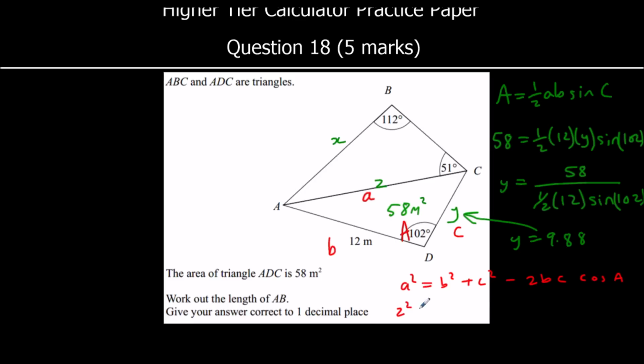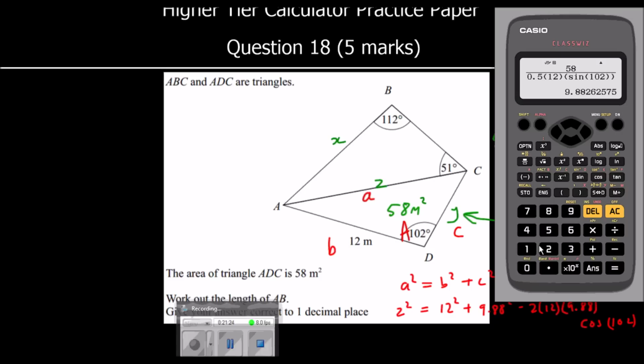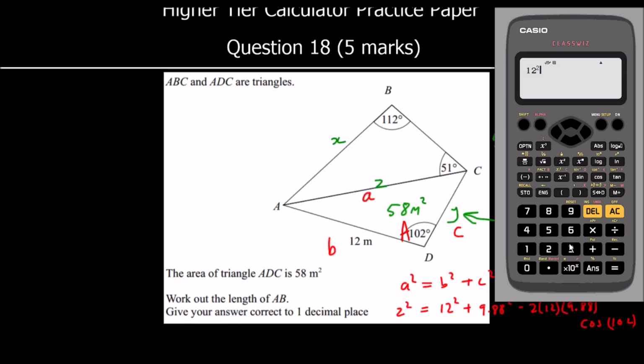So z squared is 12 squared plus 9.88 squared minus 2 times 12 times 9.88 cos 102. So typing that in the calculator, 12 squared plus answer squared minus 2 times 12 times answer cos 102.